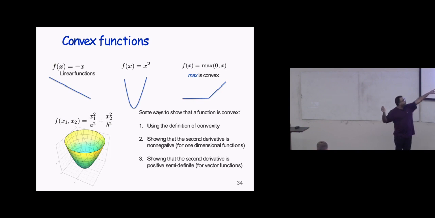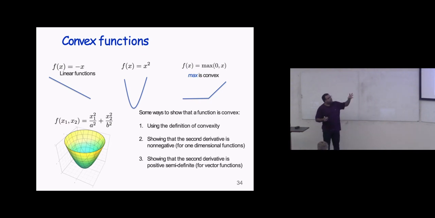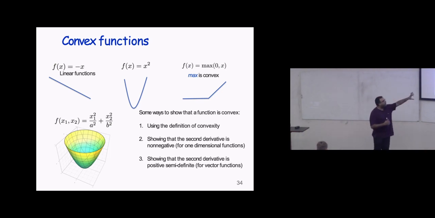So it's kind of convex, but not really differentiable. So what we have to do with this kind of max function is handle that non-smoothness, the point where it's not differentiable.